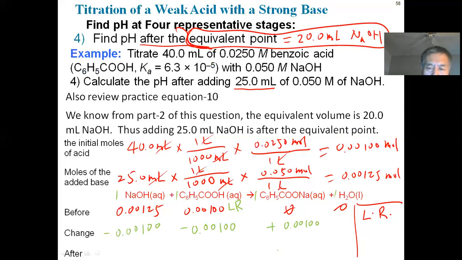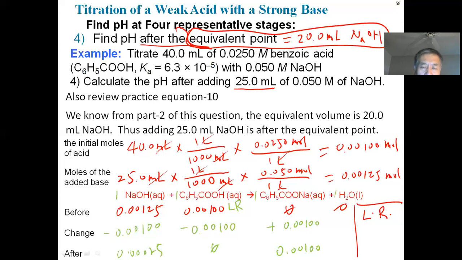So after the reaction, this becomes 0.00100, this becomes 0, and this becomes 0.00025. Okay, so what do we have now after adding 25 mL of the NaOH?